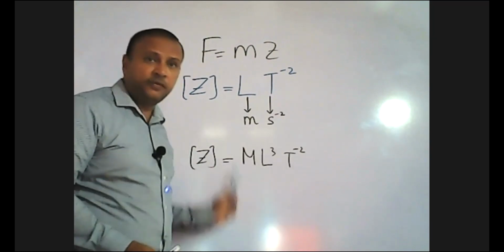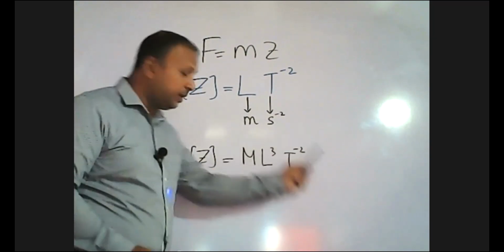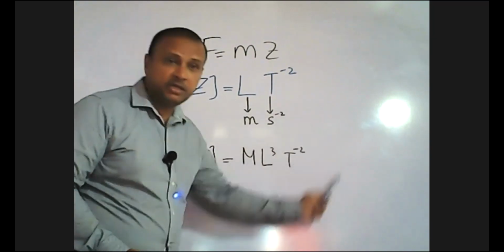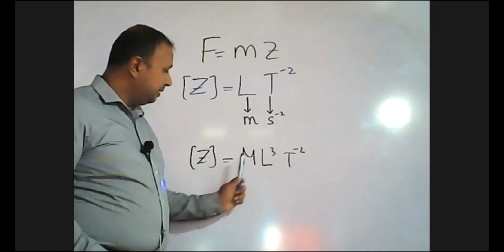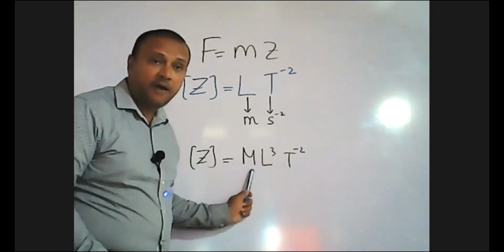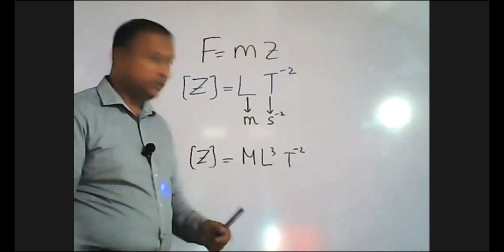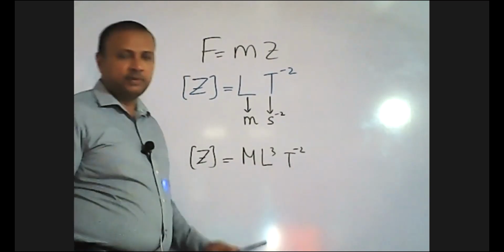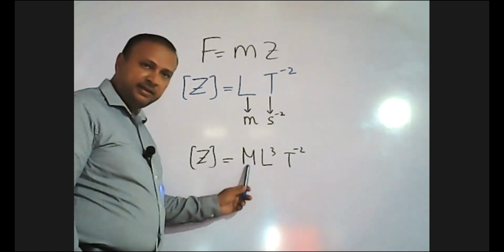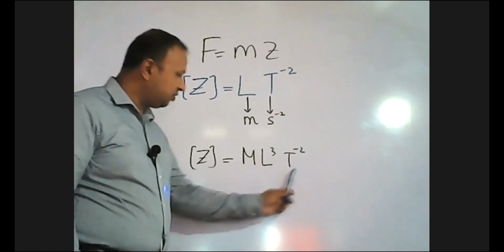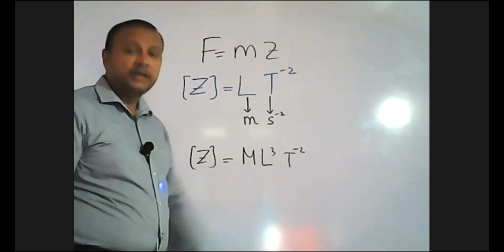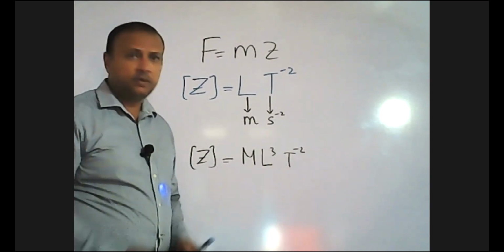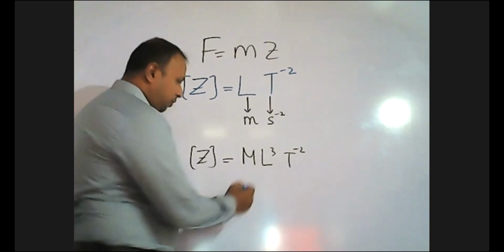According to the dimensions of Z, there are three physical quantities combined: mass, length, and time. You have to assign the SI units of these three physical quantities to the dimensional expression. That's all.